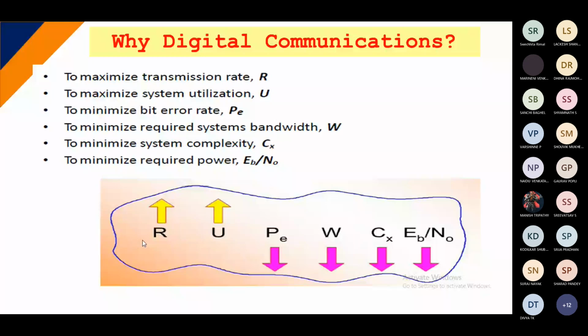We have to minimize the bandwidth requirement, because the less bandwidth you provide per user, the more users you can accommodate in that small bandwidth, and the better is the revenue collection. Because in a digital system, remember this at any point, one of the most important factors that governs a digital system is the bandwidth.